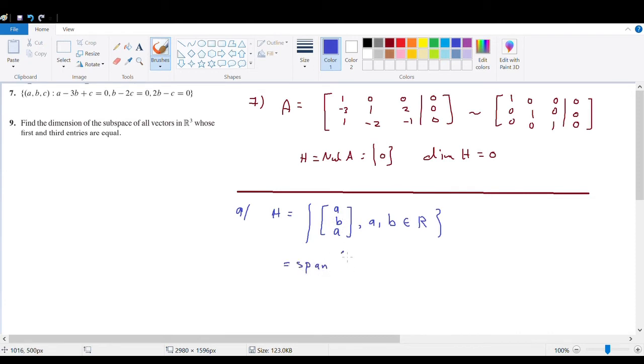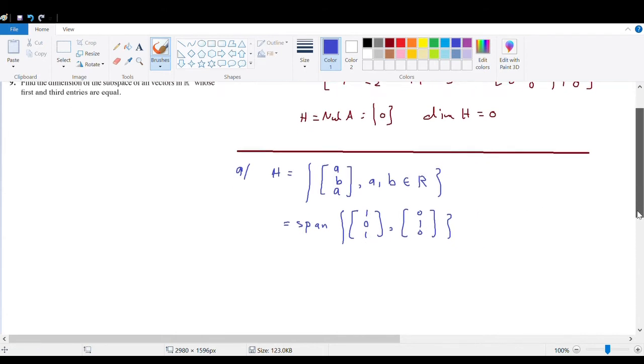So now if we want to find the basis of this one, this one is equal to the span of the first vector. Here we have A, so the coefficient of A is 1, 0, 1. Then we have the second variable B, the coefficient of B is 0, 1, 0. So H is equal to span of 1, 0, 1 and 0, 1, 0. Both of them are not a multiple of the other, so 1, 0, 1 is not a multiple of 0, 1, 0. So these two vectors are linearly independent.